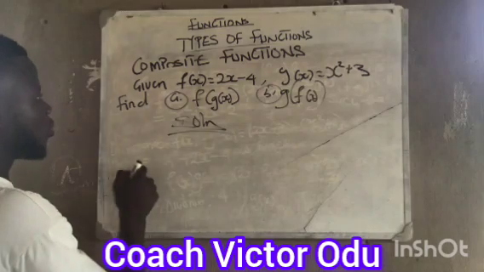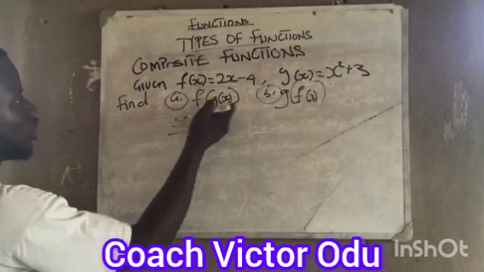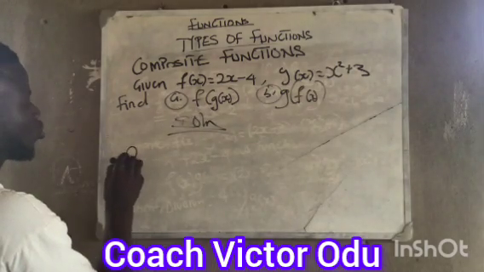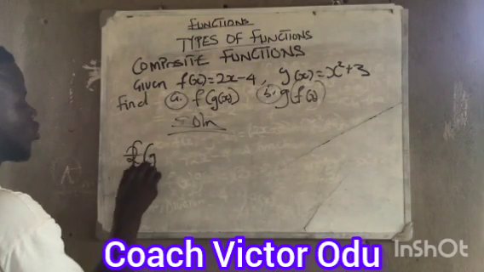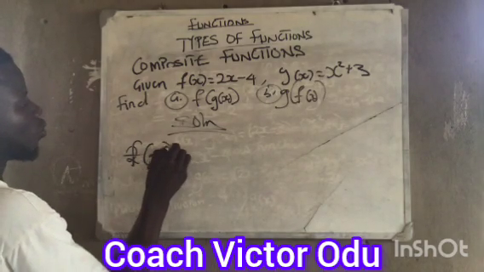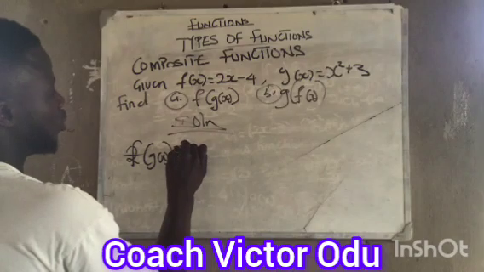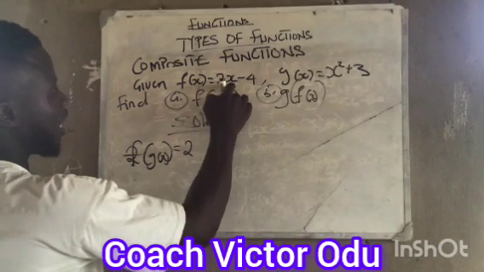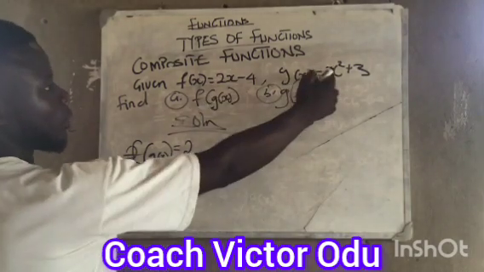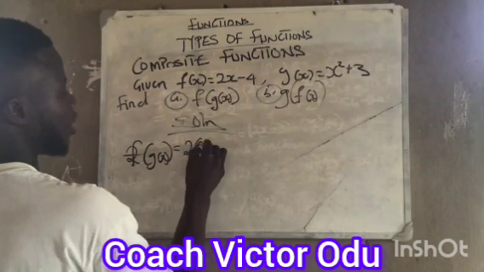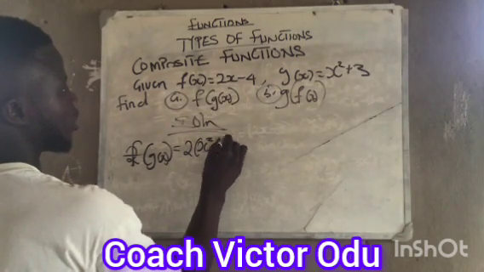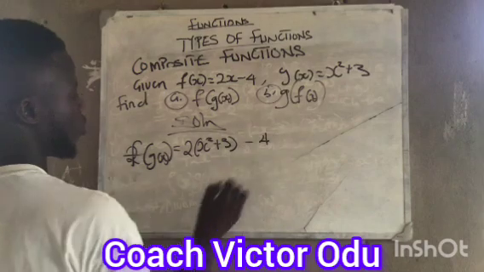So what we are going to be doing is to write f into g of x, which now we are going to be having 2, anywhere you see x in f of x, you put this, that's what it means, into this. So we're going to be having 2 times x squared plus 3, minus 4.